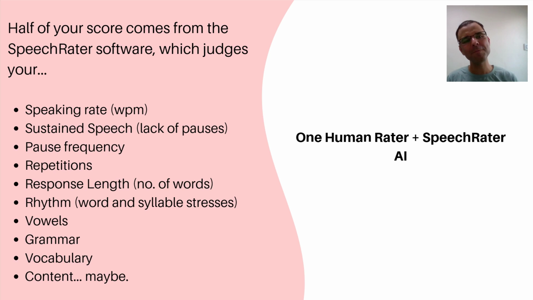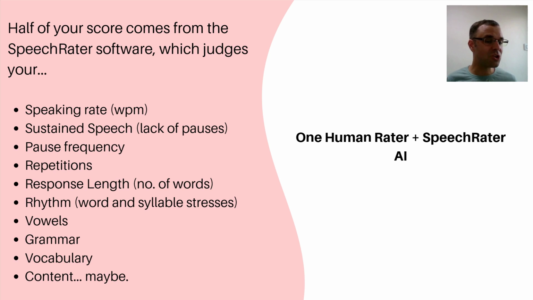However, now, half of your score comes from a human, as usual, and the other half comes from some automated software, which they call SpeechRater. Now, I have been told that the human score and the SpeechRater score have equal value. So the way it works is the human gives you a score, the software gives you a score, and they're averaged together to produce your final result.